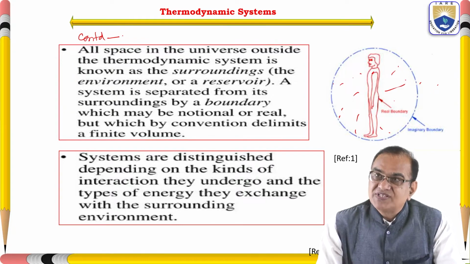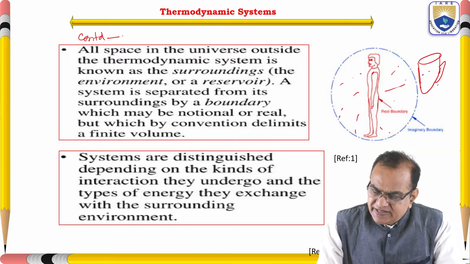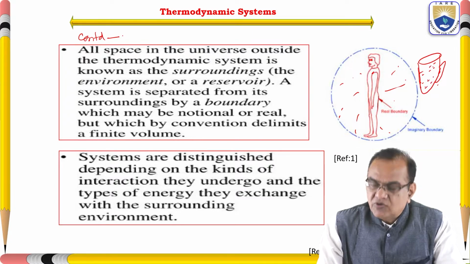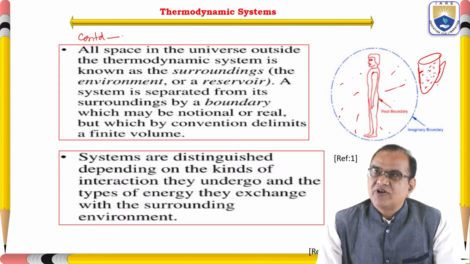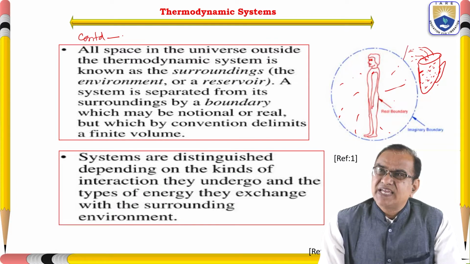So this is your imaginary boundary. If you take a hot cup of tea, some heat will move from here to here, here to here. But after some time, you see that the heat is very negligible. You cannot measure it. This is your boundary.